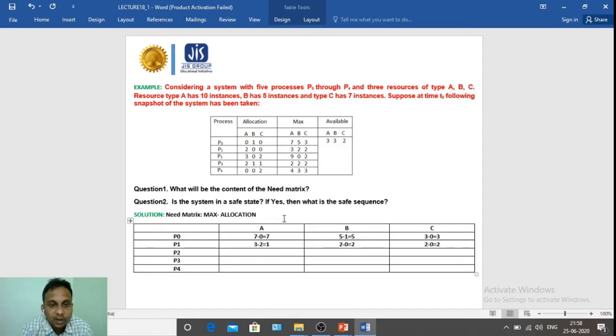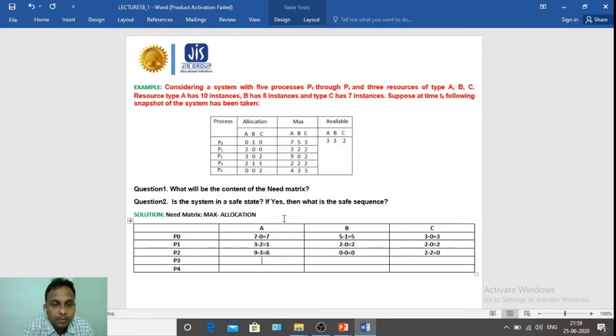Now come to the P2. In case of P2, at first for A it will be 9 minus 3, that is 6. Then B is 0 minus 0, will be again 0. And for C it will be 2 minus 2, which equals 0.